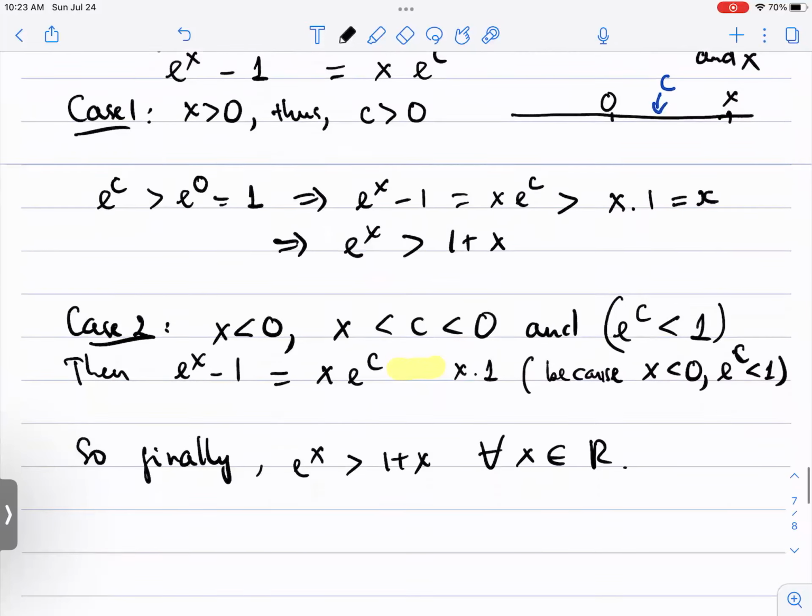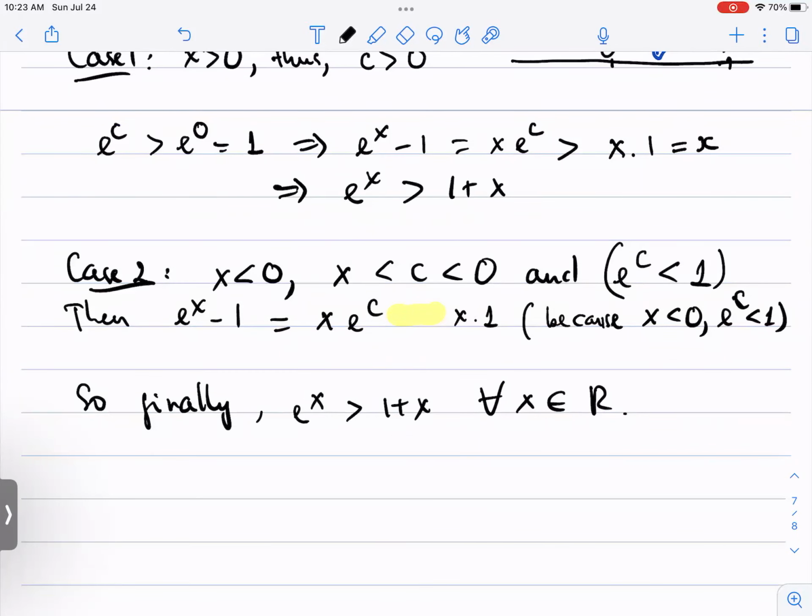Now, case 2: x is smaller than 0. In this case, c must be smaller than 0 by a similar argument, and e to the c is smaller than 1. Then e to the x minus 1 equals x times e to the c. So how does this expression compare with x times 1? e to the c is smaller than 1, but x is a negative number here.